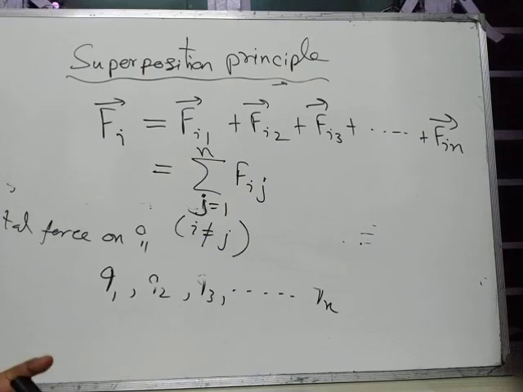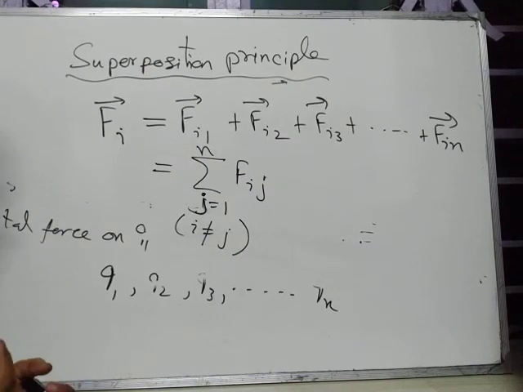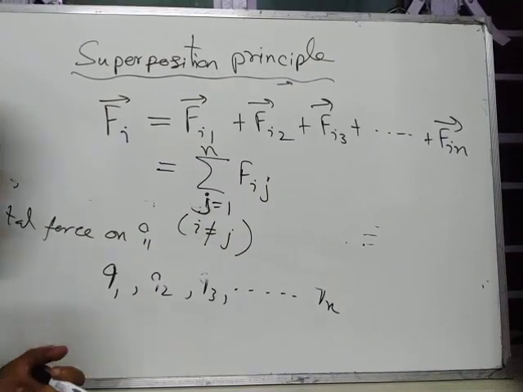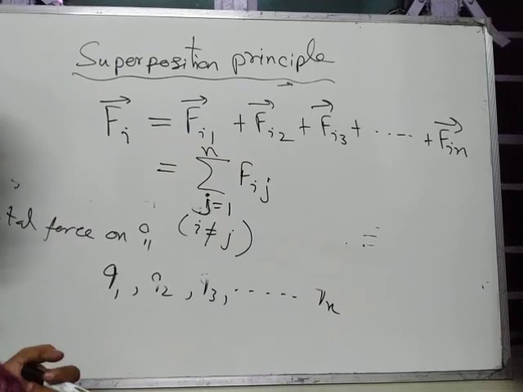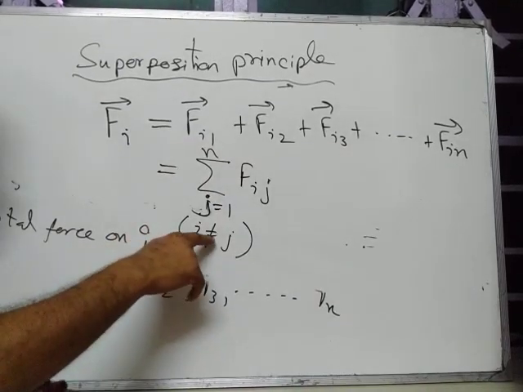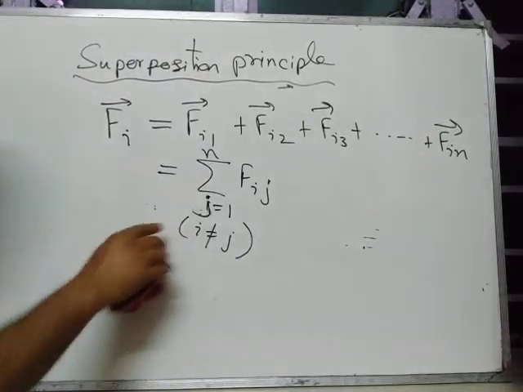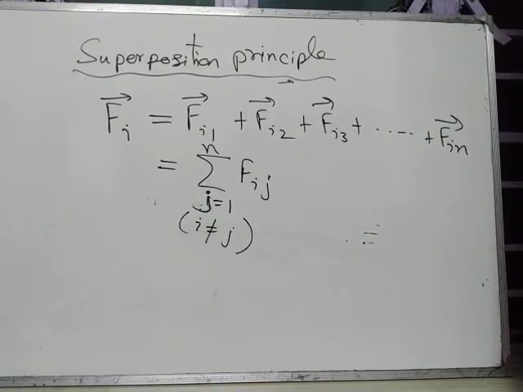If we consider force on Q3, then Q3 cannot exert force on Q3, that is F33 is not possible. So i equal to j is excluded.